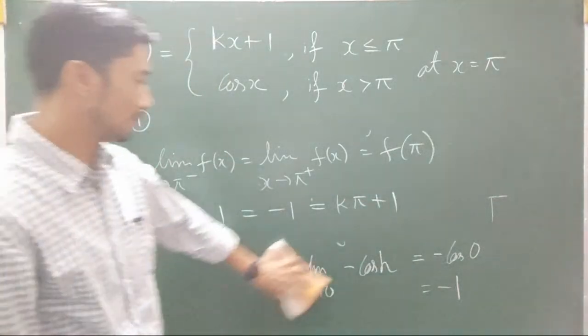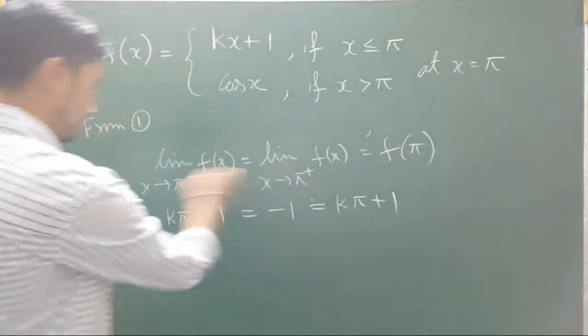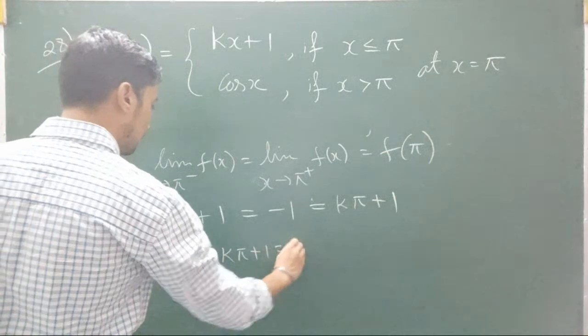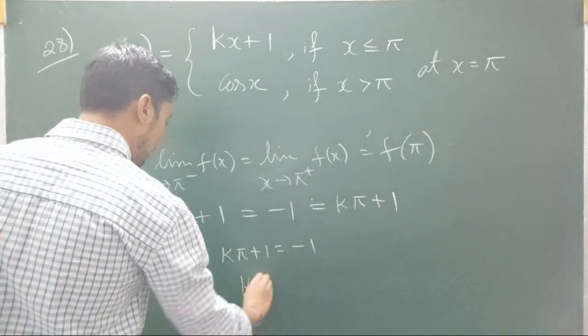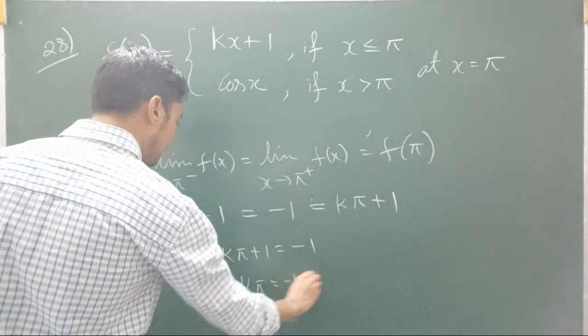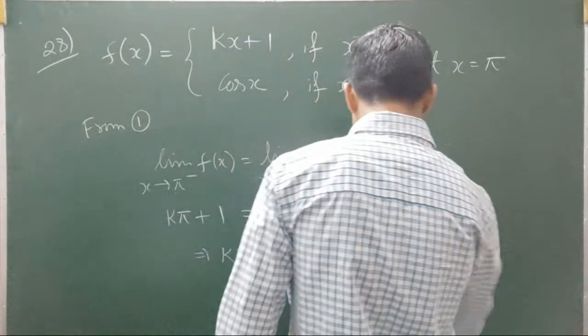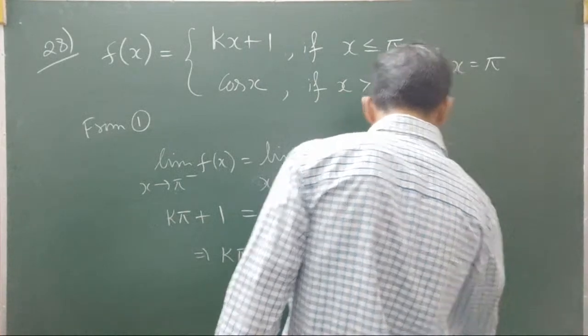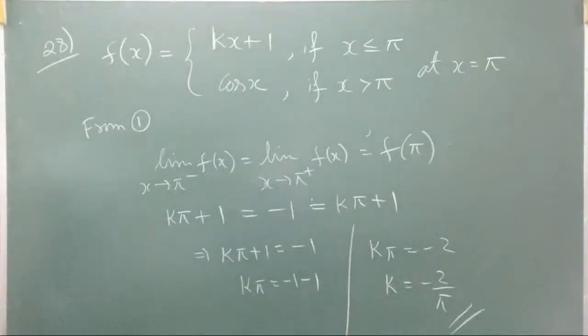So from this we get that k pi plus 1 is equal to minus 1. So k times pi is equal to minus 1 minus 1. That's going to be k times pi is equal to minus 2. So k is equal to minus 2 by pi. Simple questions. These are simple questions.